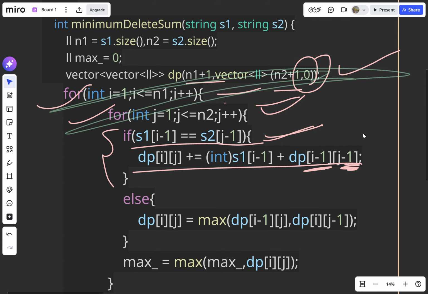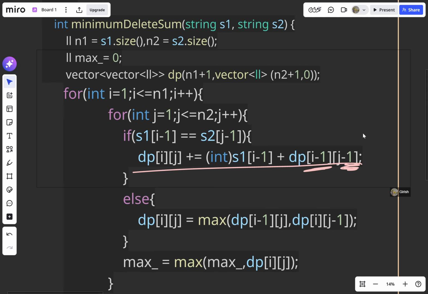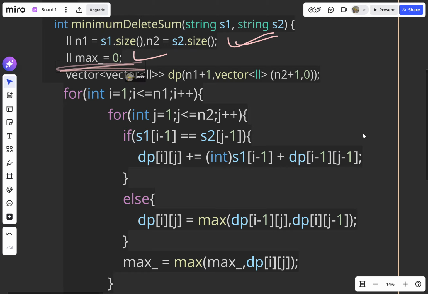Okay, in this code, first we will erase all. Now we have initially stored the sizes of string 1 and string 2, then max underscore 0 means the maximum score of the longest common subsequence.